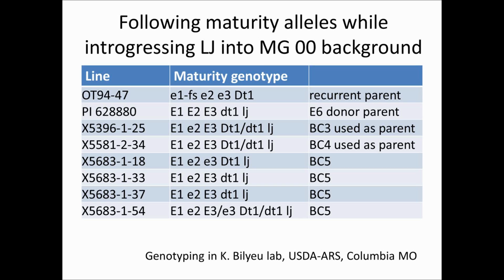So this is then following the maturity alleles, and this is genotyping that was done in Dr. Bill Yu's lab. So first the recurrent parent, it's little e1, the null version, little e2, little e3, it's also little e4, it's indeterminate. Then the long juvenile donor parent, and then we looked at the back cross 3 parent, the back cross 4 parent, and 4 long juvenile back cross 5 lines.